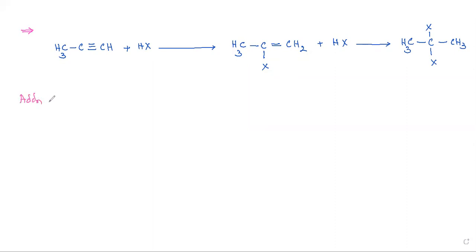Now, going for the addition of halogen. See, in case of alkenes with halogen in a solvent CCl4, we get this.